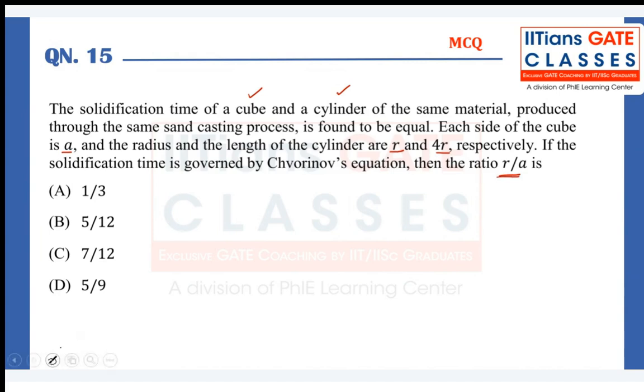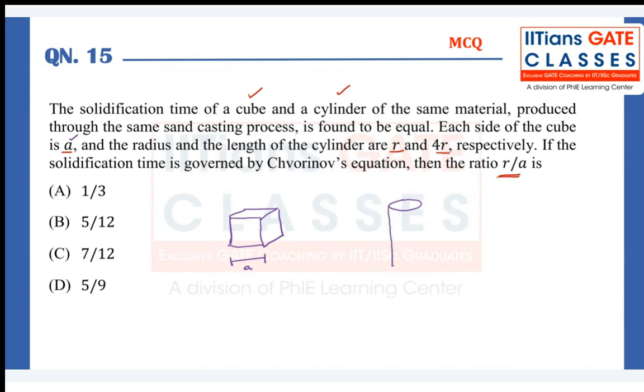For this, I would like to draw a small diagram. This is a square, a cube, and the cube side is A, so this side is A. Similarly, there is a cylinder.